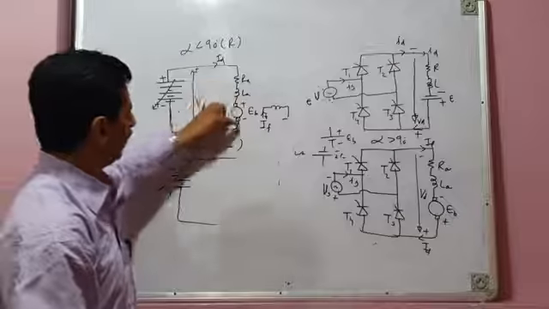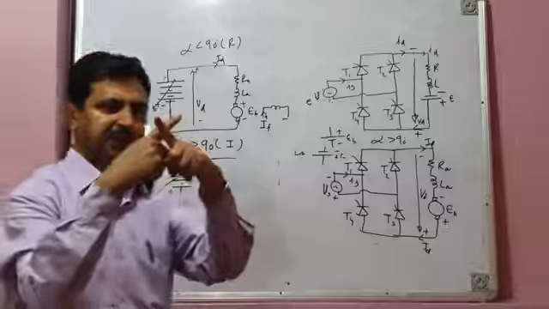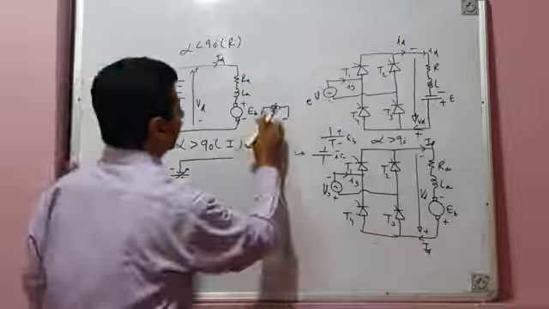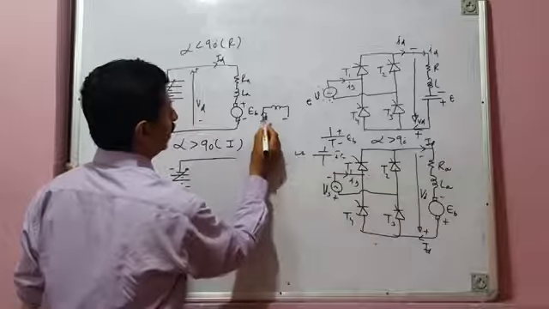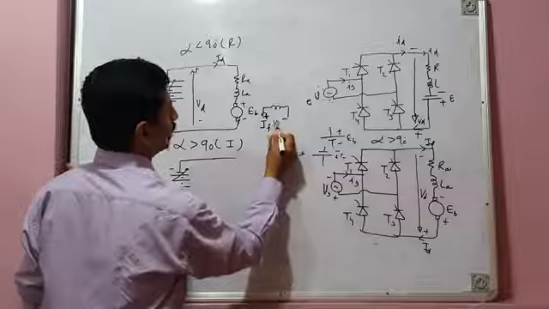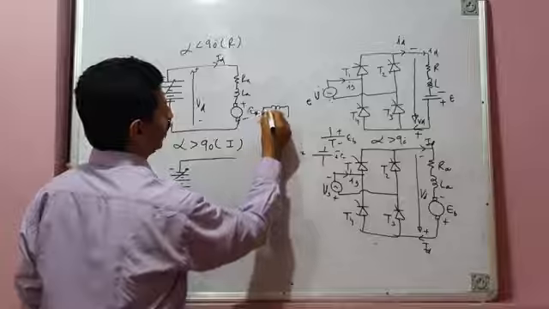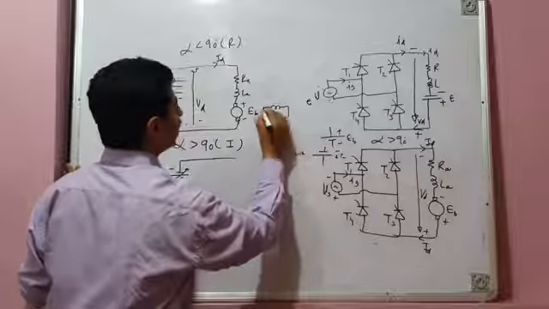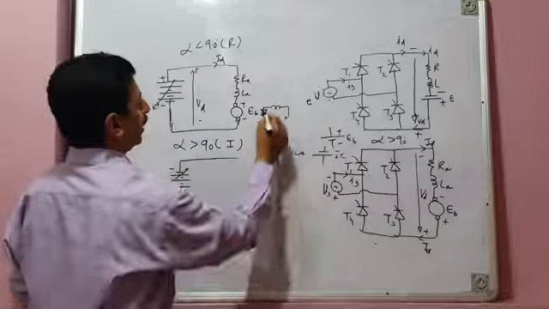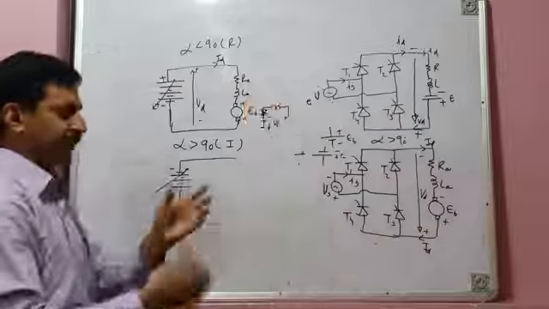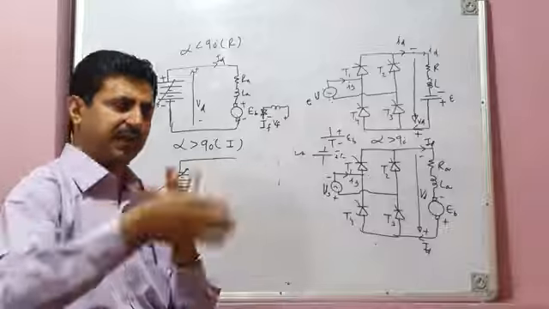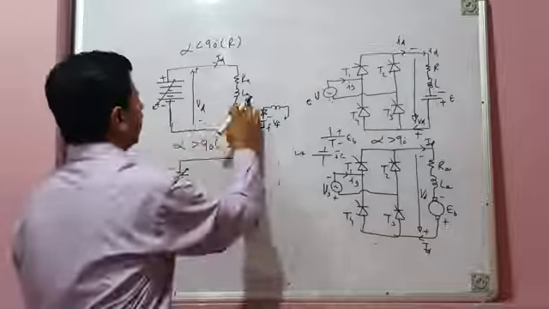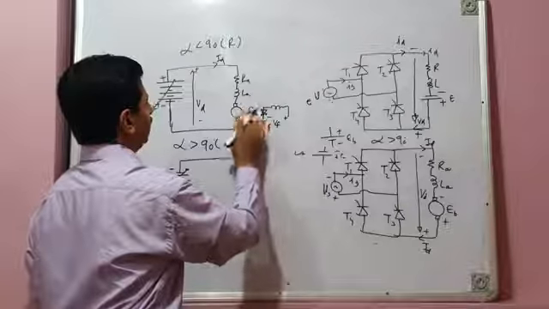Number one, disconnect the armature and flip the armature terminals like this. Or number two, change the direction of field current. I mean, if the field voltage was plus minus like this, it was resulting in the flow of field current. So reverse the field voltage. That will result in opposite flow of the field current. Field current direction will change. When field current changes its direction, flux also reverses. So back EMF will become negative, plus minus. So I can show that here.